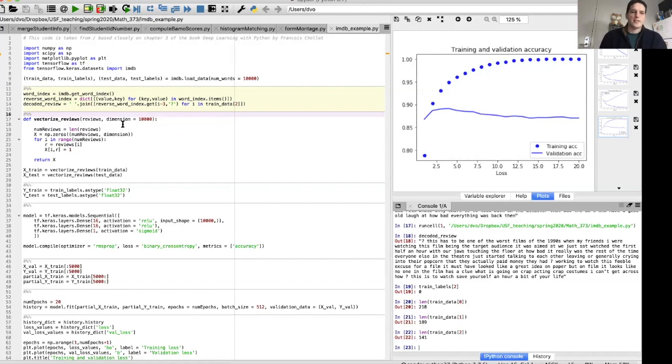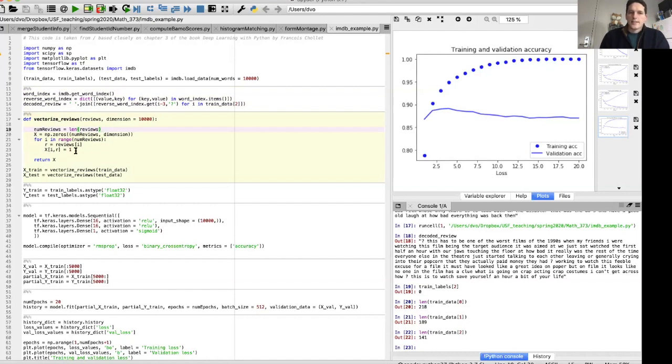And that's what this section of code is doing. We have this function called vectorize reviews. It takes a list of movie reviews as input. So for example, it takes train data as input, and it creates a NumPy array, where each row of this NumPy array is going to be a feature vector that describes a movie review.